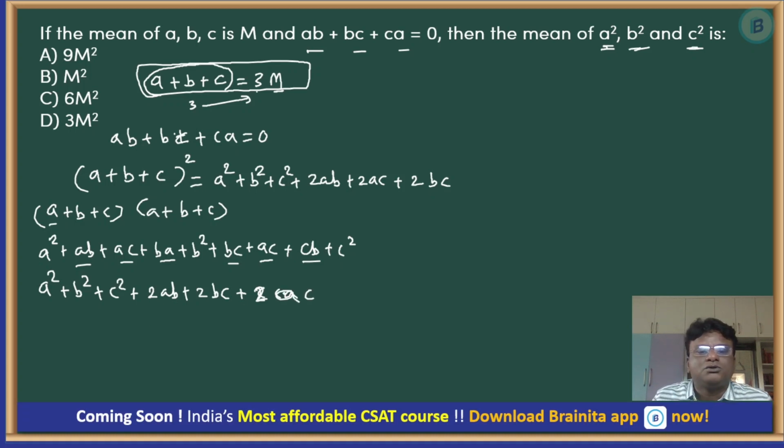So don't get scared if you don't know this formula. This happened a lot in the CSAT 23 paper, because there were a couple of problems where students probably thought they didn't know the formula or the pattern. One classic example was 1111111111 multiplied by 1111111111.